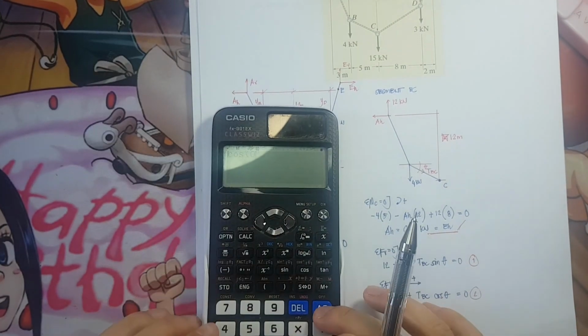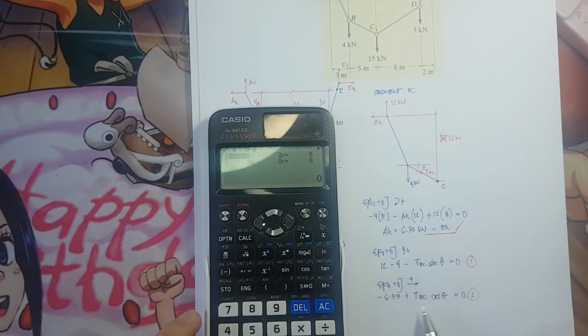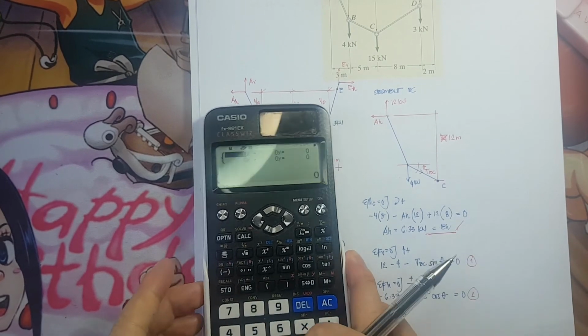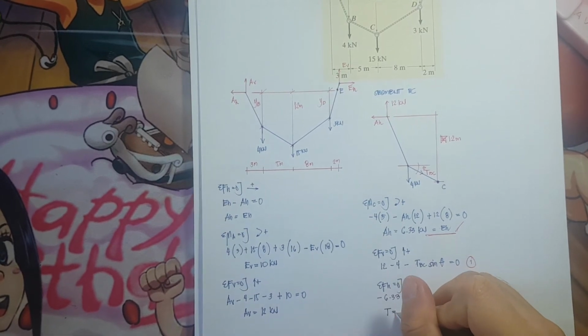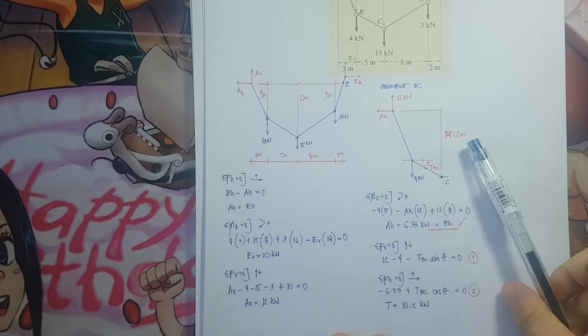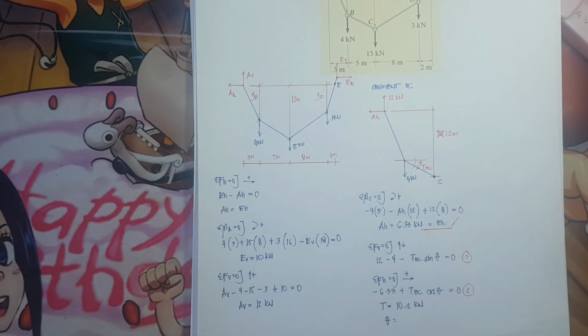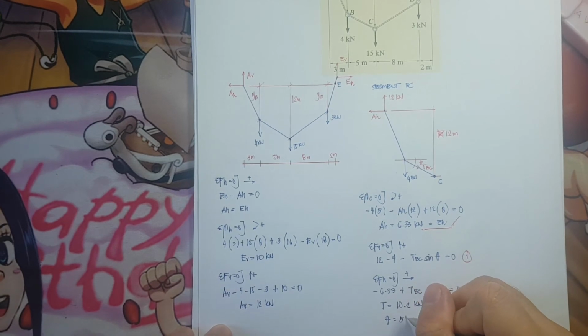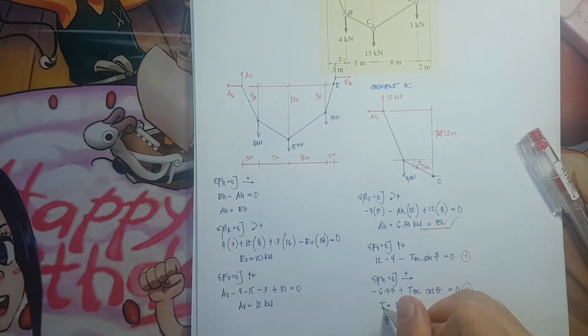Solving simultaneously, we have T equivalent to 10.2 kilonewton, while theta is equivalent to 51.6 degrees. So this is TBC.